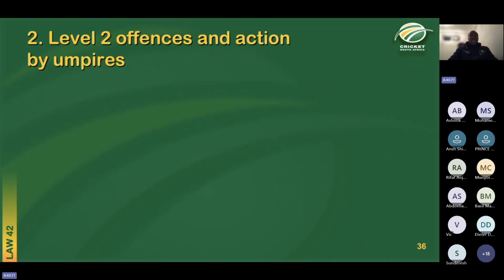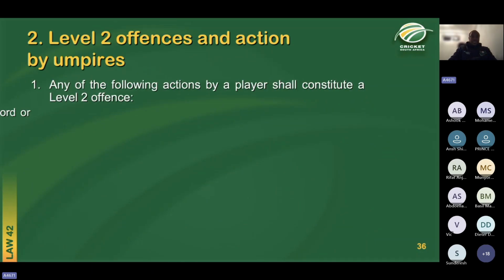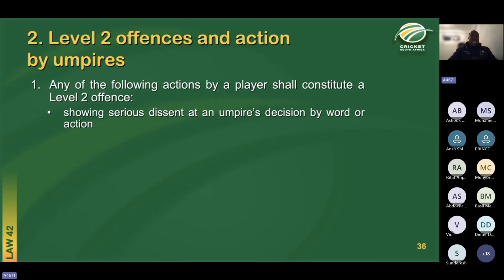So that was level 1. Let's look at level 2 offenses. If any player shows serious dissent at an umpire's decision by word or by action, that will be considered a level 2 offense. And you need to decide as 2 umpires what is a minor bit of dissent and what is considered a serious bit of dissent.